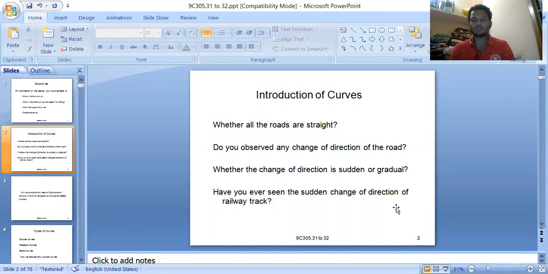So we have to provide a smooth curve so that the train may not slip from the track. So we need to take a lot of care in providing curves for railway tracks. So the major importance of curves in civil engineering is in the construction of roads and railway tracks.